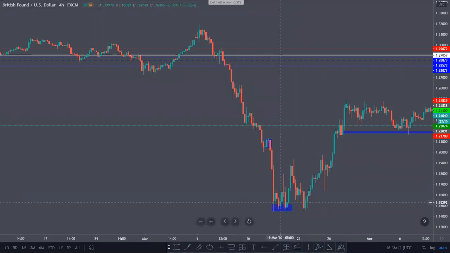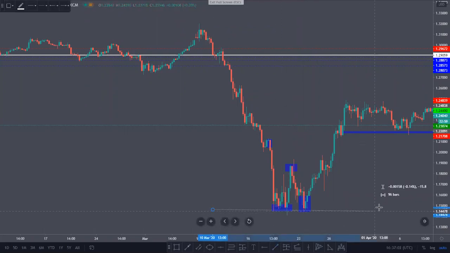Sorry, that's the previous low. So a new high was formed, and then the high formed a new low. But what do you notice? Price failed to break past the previous low, which is this one. So this is an indication that price is likely to turn, the trend is likely to shift, okay?